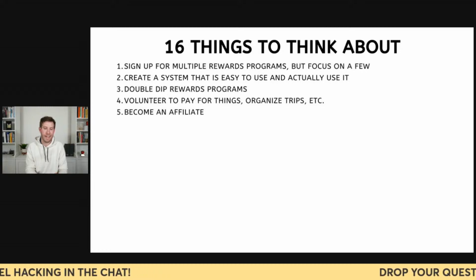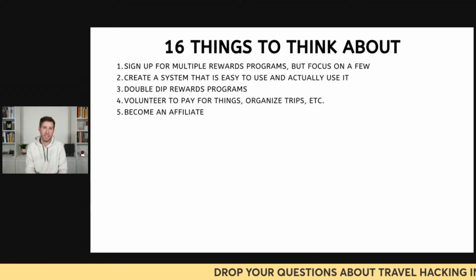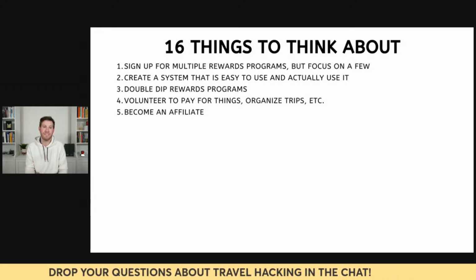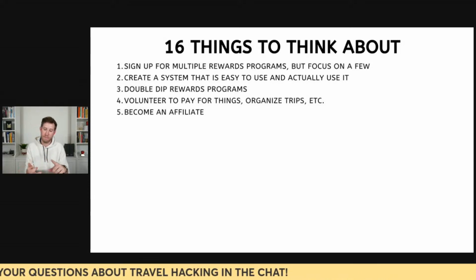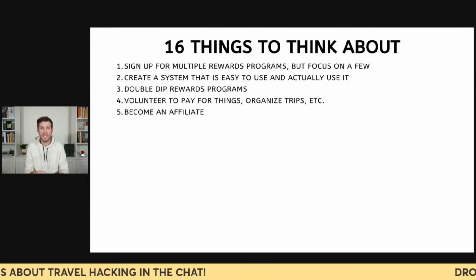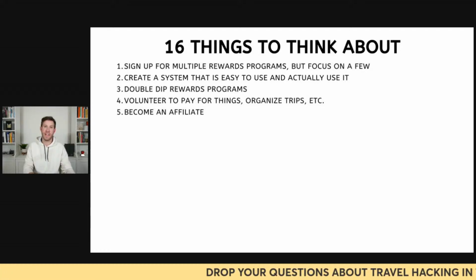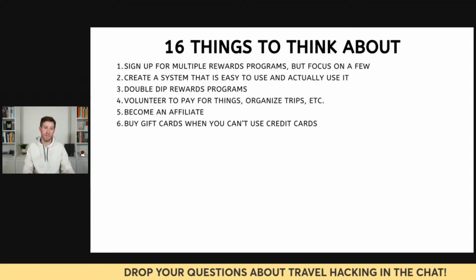So you can look into that if you're curious, but you can also earn affiliate points or Amex points or whatever the program is by being an affiliate and sharing it with your friends and your family. If you have a YouTube or an Instagram or a TikTok audience, you can share it with your followers as well. And when they sign up, you're able to earn points as a result.